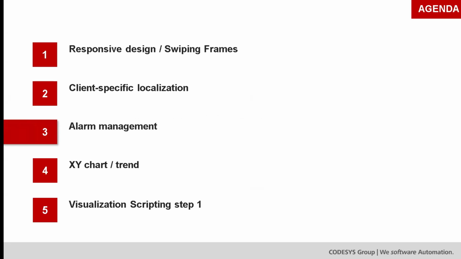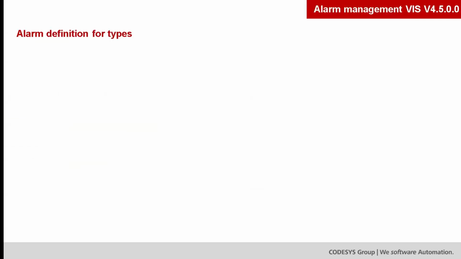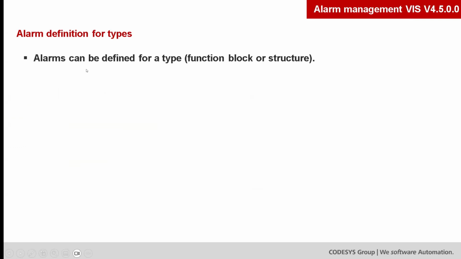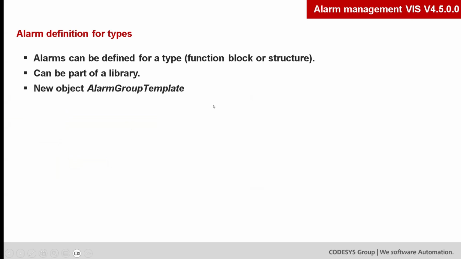Other improvements we did for the alarm management. One new feature is that you can create alarm definitions for types. What does it mean? You can specify alarms for a specific type, for a function block or a structure. This can be also part of a library. And we created a new object, alarm group template.